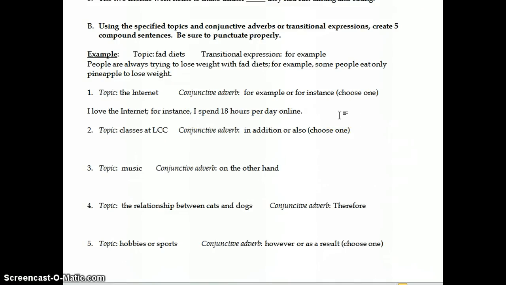So yes, it is an independent clause. So in order for us to create a compound sentence, we need to make sure that both clauses are independent, that they could stand alone as sentences. And when we connect them with a conjunctive adverb, we need a semicolon before the conjunctive adverb and a comma after it.